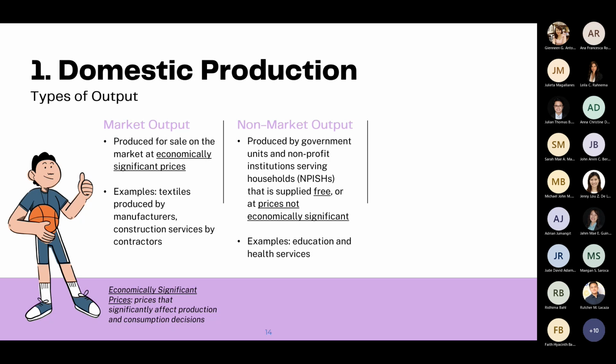So government units and NPISH may also produce and supply goods for which they could charge but choose not to as a matter of social or economic policy. So as such, they are not in fact valued at basic prices, but they are valued rather by total production costs. So we use the sum of costs approach. And again, here prices are not economically significant.